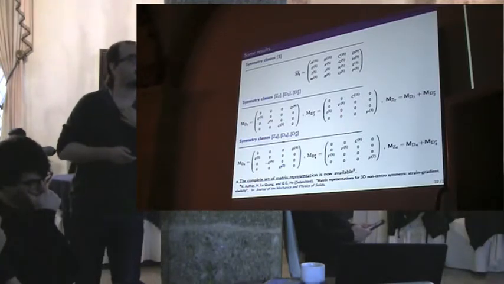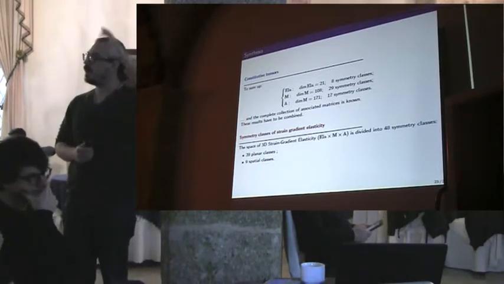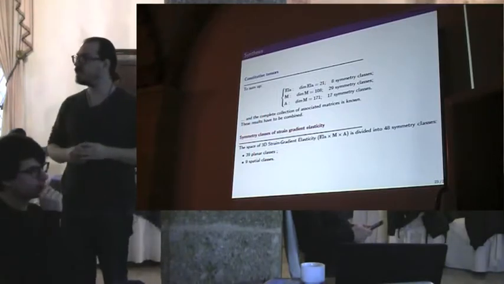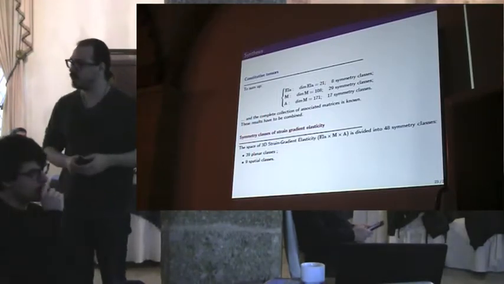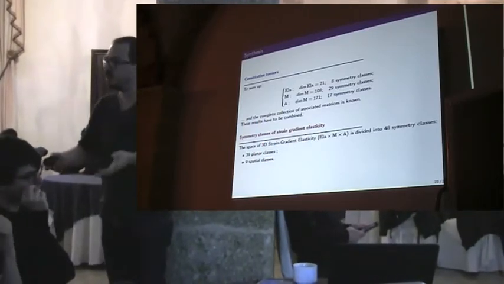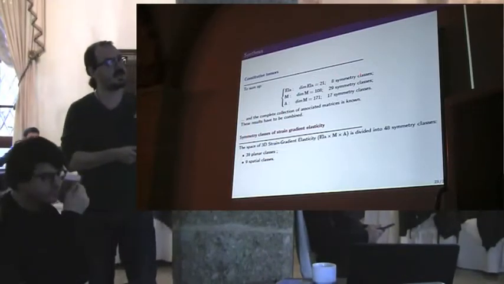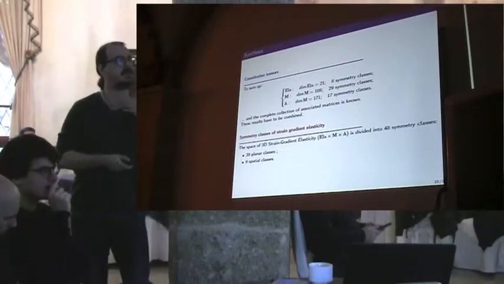But what is important is I study independently the fourth order of the tensor and provide some result. I study the sixth order of the tensor, obtain another result, and ultimately study the fifth order of the tensor and obtain another result. So we got 8 symmetry classes in the first case, 29 in the second, and 17 in the third one.